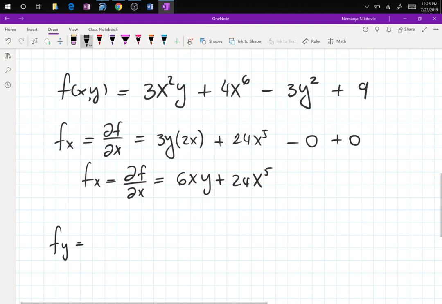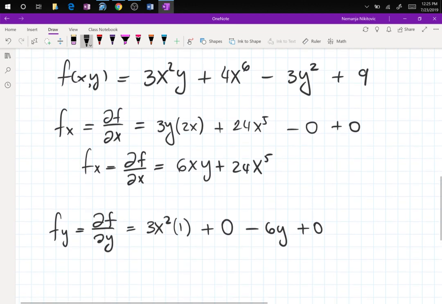Now f_y is partial f partial y, and that is going to be, now x is being held constant, which means 3x squared is constant, and the derivative of y is 1, so I'll just write times 1, plus a 0, because there are no y's in 4x to the 6, minus 6y, that's the derivative of 3y squared, and then plus 0, because it's a 9.